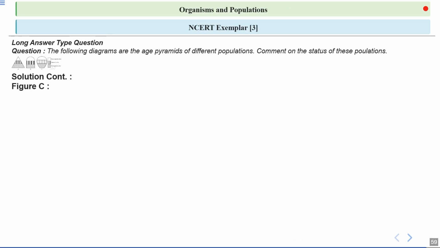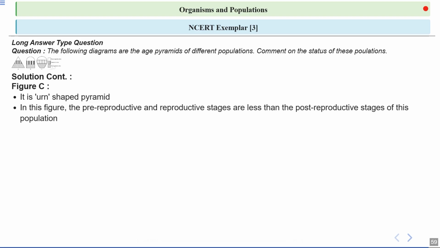Now let's talk about figure C. Figure C is an urn-shaped pyramid, also known as an inverted pyramid. In this figure, the pre-reproductive and reproductive stages are smaller than the post-reproductive stage of this population.